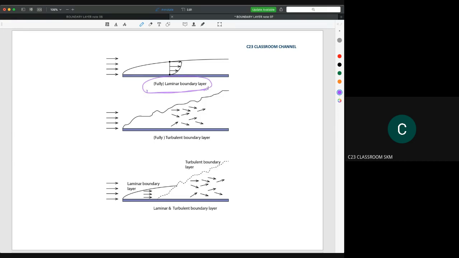For the laminar boundary layer, in our syllabus, we have 6 velocity distributions: power equal to 1, 2, 3, 4, and then we have a sinusoidal, meaning the sine, and also the Blasius. These are the 6 velocity profiles that you need to study.